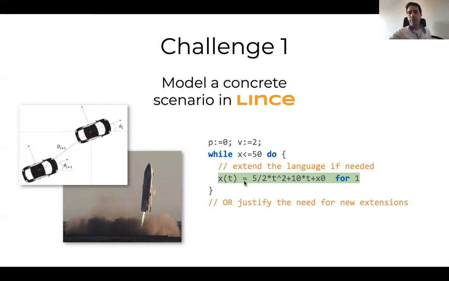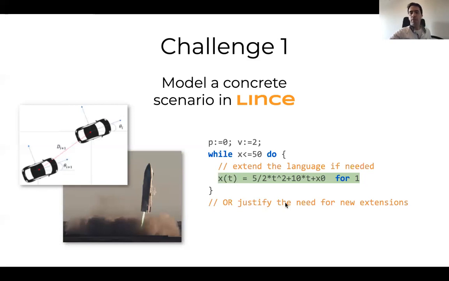So here I'm exemplifying one. Right now we cannot really specify the behavior using a normal expression. It's something that technically is not hard to do, especially because all the machinery is there. But if someone tells me this is very useful because they don't want to always specify this using a system of differential equations, this is something that we can also consider extending.